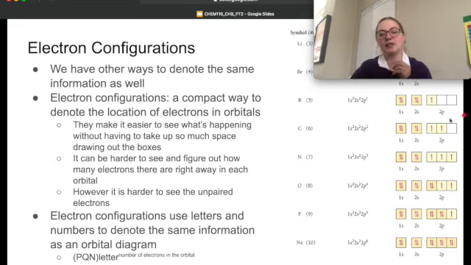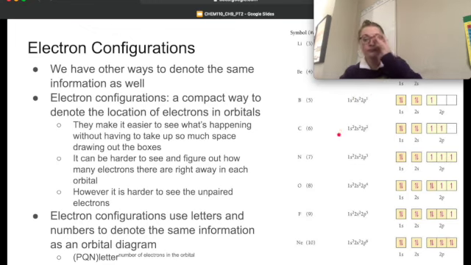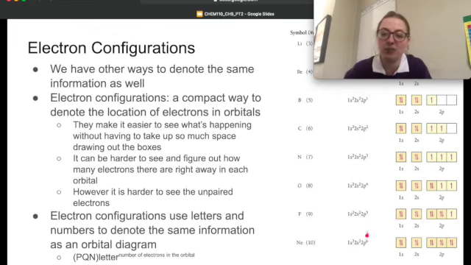On the right-hand side of your screen, you can see all those orbital diagrams that we looked at before. However, you can see the electron configuration for that same element in the center here. This is the orbital diagram for boron, and this is that same information written out in a much smaller way.